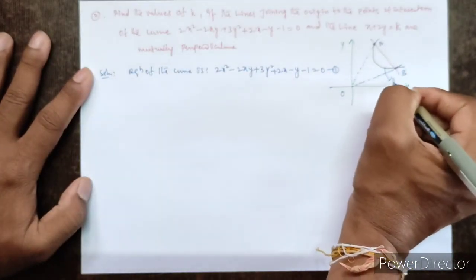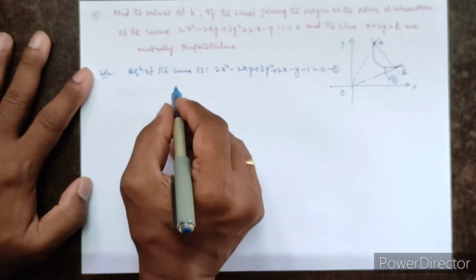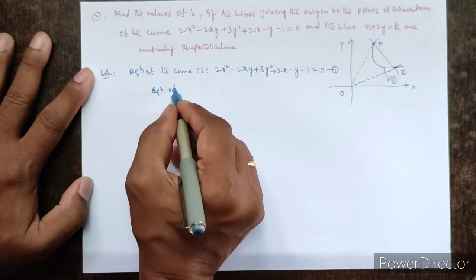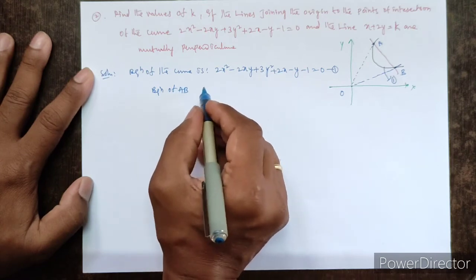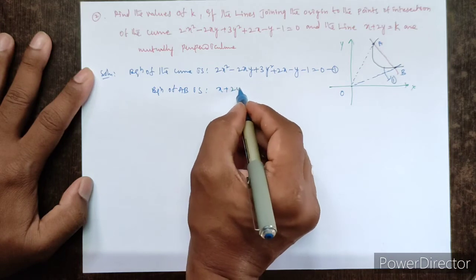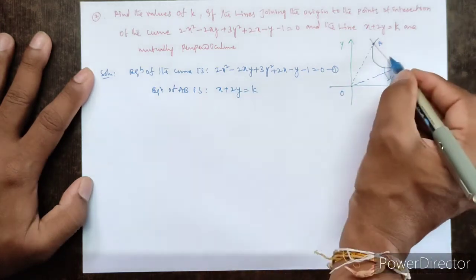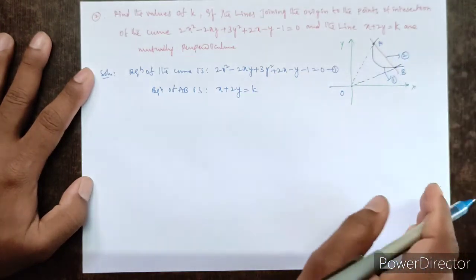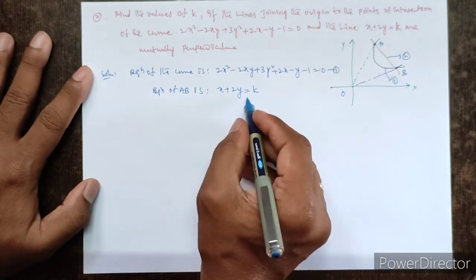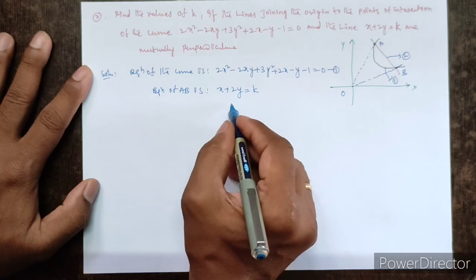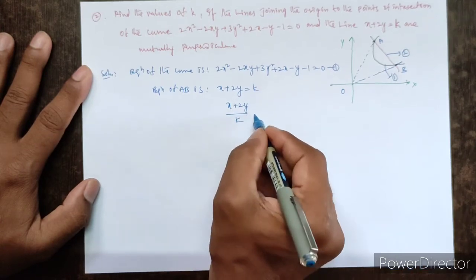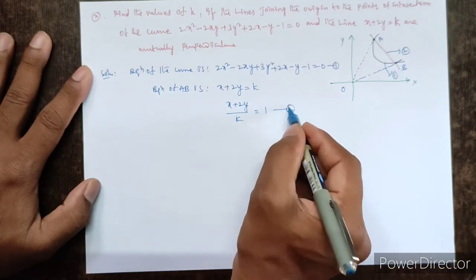And equation of AB, that is nothing but the straight line, is x plus 2y equal to k. This is equation number 2. Of course this can be written as x plus 2y by k equal to 1.